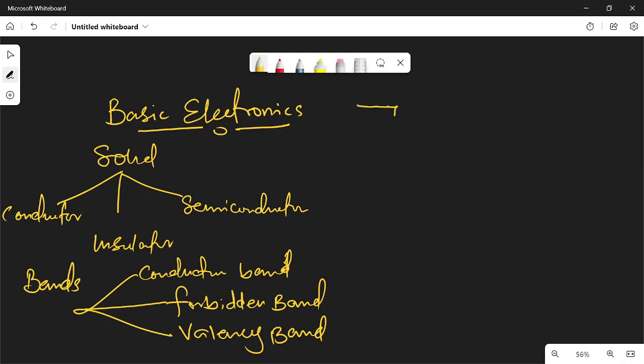Alright, so if the material happens to be a conductor, I have this, and I have this.